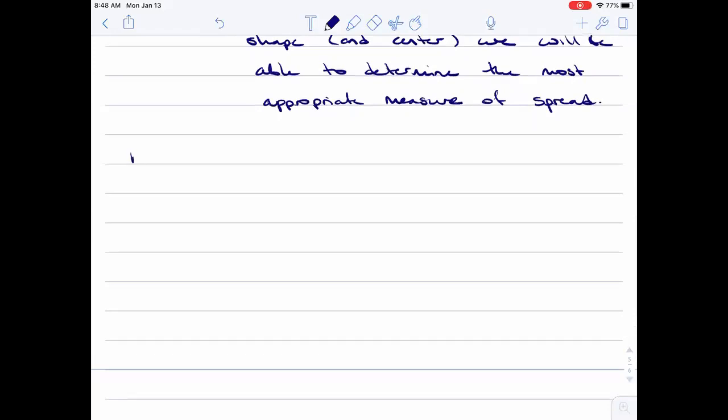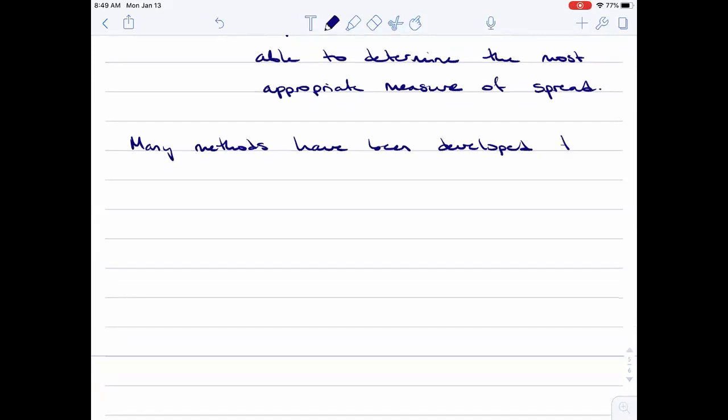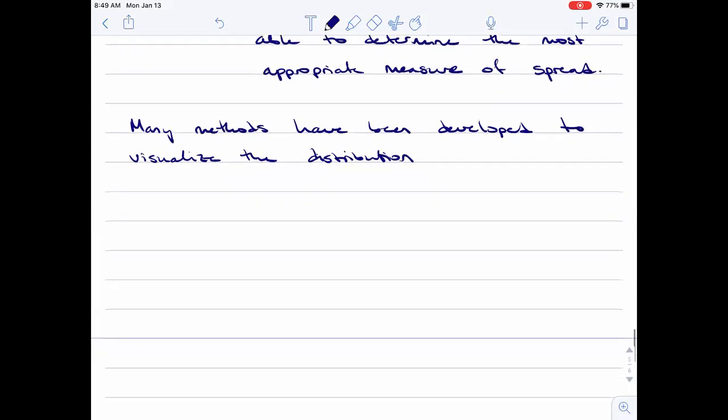So many methods have been developed to visualize the distribution of a numerical variable.